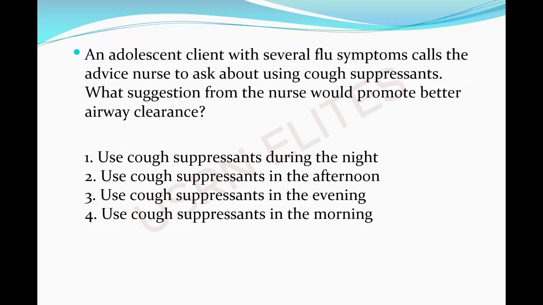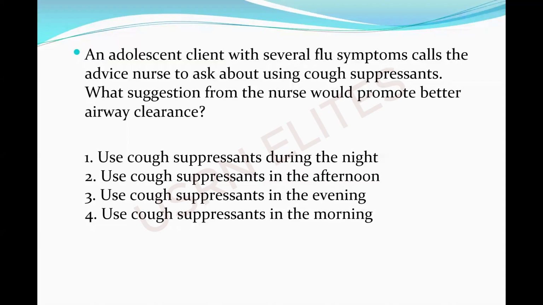Note that we have cough suppressants and expectorants. Those are the two medications used to manage cough. When someone has a productive cough, which one is best, cough suppressant or expectorant?